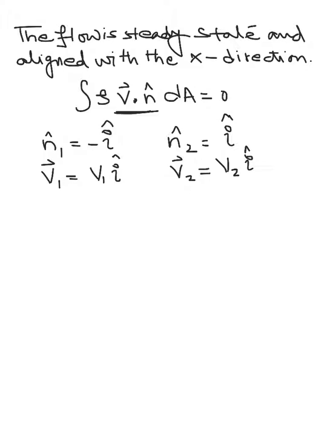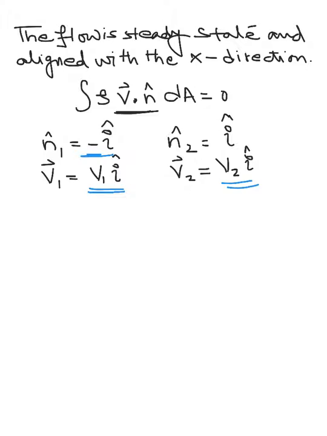The n1 vector is pointing towards the left side, so it is opposite to the positive x-axis, and that's why it has a negative sign. The n2 vector is positive, so no need to worry about it. Similarly, the velocities are represented in terms of velocity vectors. Here v1 is entering, and both velocities are represented in vector notation.